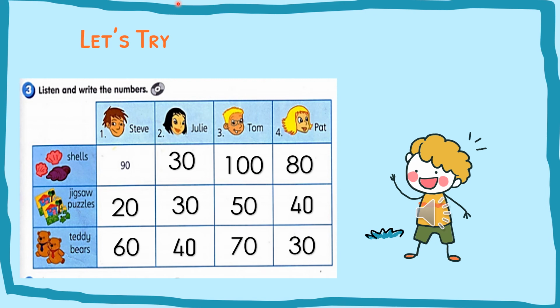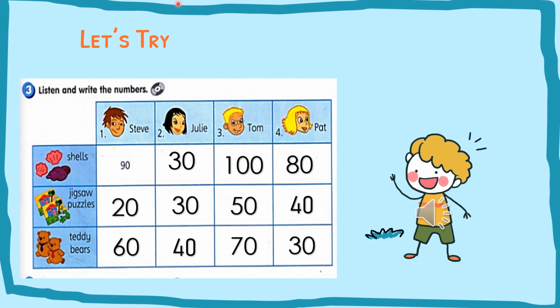Okay, did you listen? They asked questions like, how many shells have you got, Julie? That kind of question. How many shells has Julie got? How many shells have you got? All the questions they use is how many, because they want to ask about quantity.